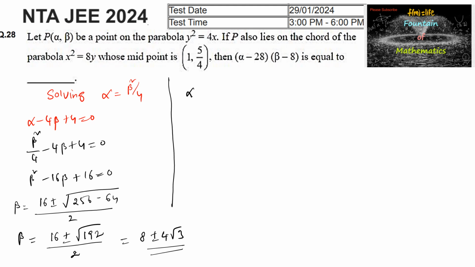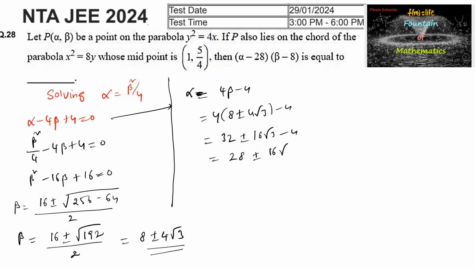And then from this equation alpha is equal to 4 beta minus 4, that is 4 times (8 plus or minus 4 root 3) minus 4, that is 32 plus or minus 16 root 3 minus 4, that is 28 plus or minus 16 root 3. So the value of alpha is 28 plus 16 root 3 and another one 28 minus 16 root 3.